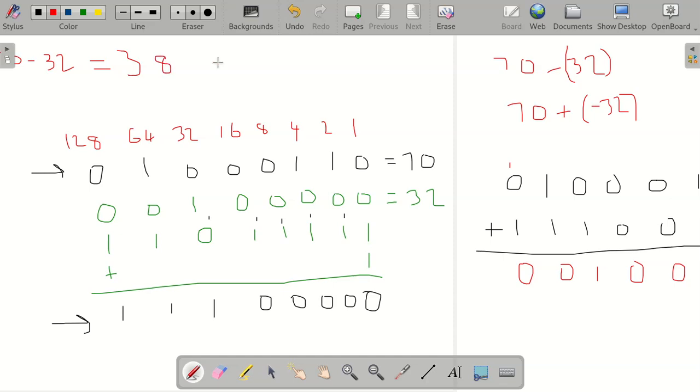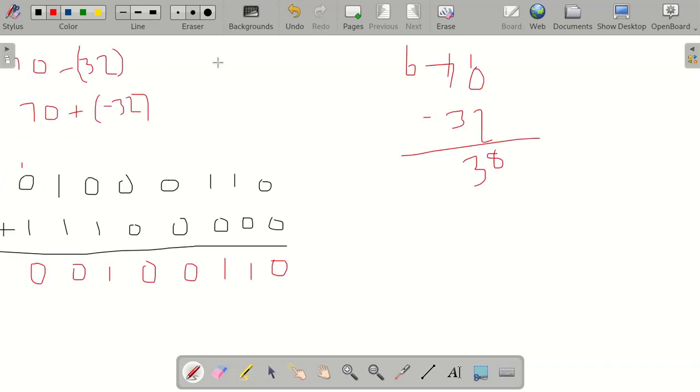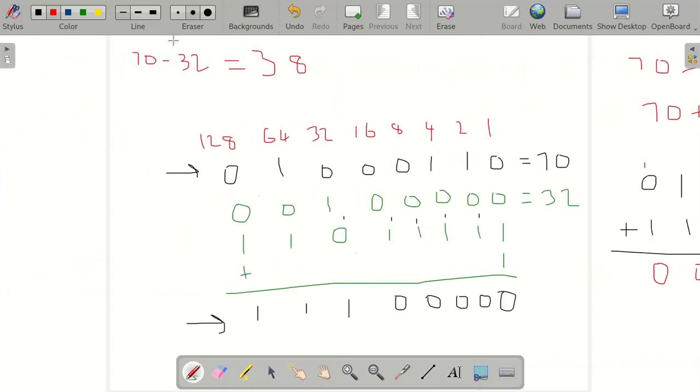So let's try to convert 38 into binary. Here I'll just show you. Since we are trying to convert 38, remember this is 32, plus this is 36, then 38.